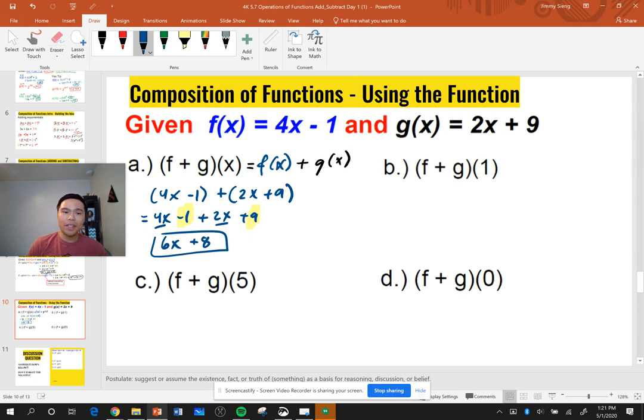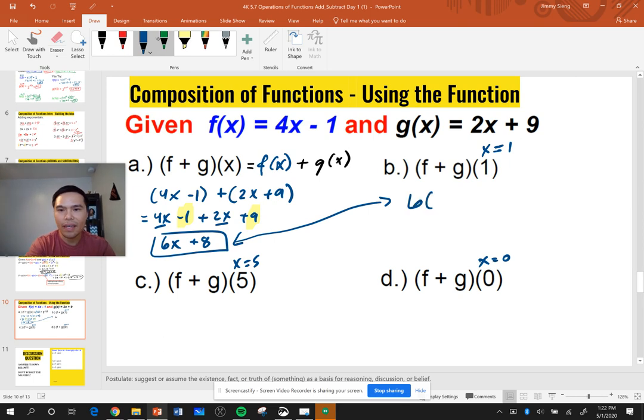Okay, a trick about this is if I was going to do B, C, and D over there, right? Well, all this is saying is that f plus g is the same function operation, but except I put a number there, that's just saying x equals 1, x equals 5, x equals 0. And that's a shortcut. So now I just take my function right over here and just put it in.